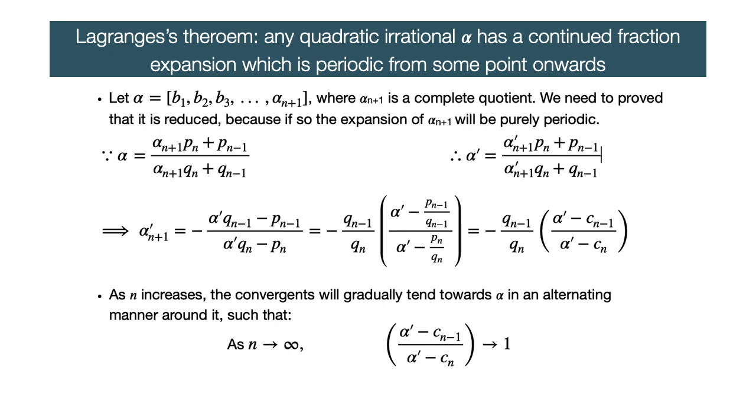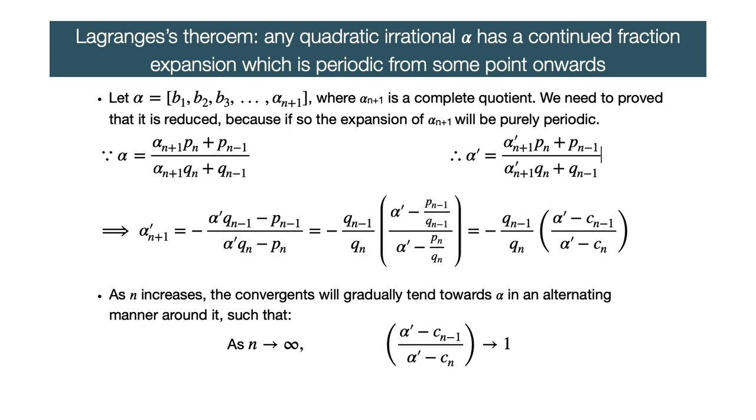Let alpha be b1, b2, b3, ... all the way up to alpha_{n+1}, where alpha_{n+1} is a complete quotient, and we need to prove that it is reduced, because if so, it's going to be purely periodic, which means that the expansion of alpha will be periodic from alpha_{n+1}. We're going to say that the final convergent of alpha is going to be equal to alpha itself, and take its conjugate.